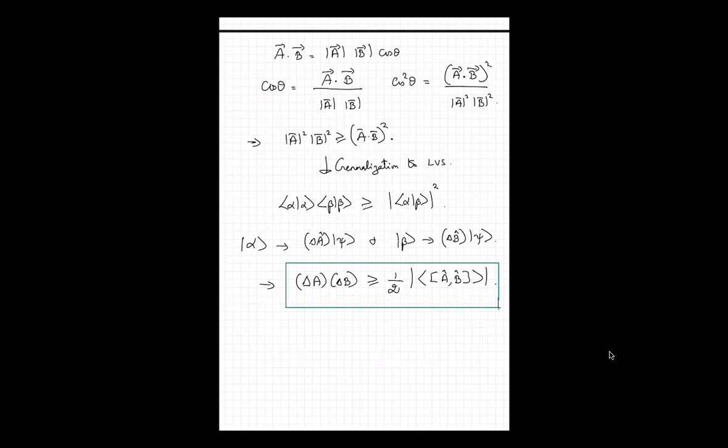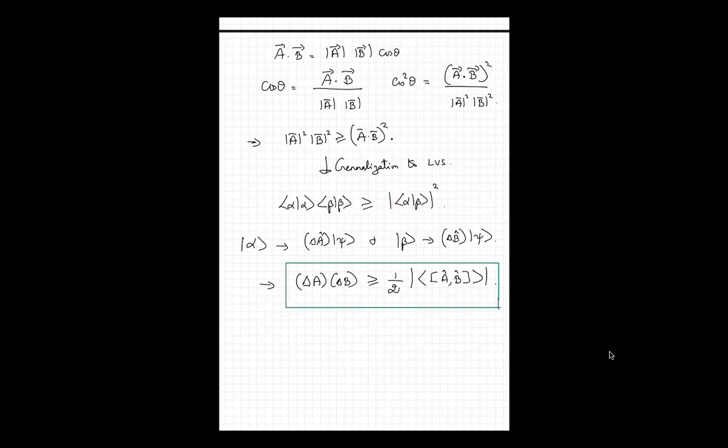So what is the physics of this equation? If the operators A and B commute, then the right hand side is 0, which means the uncertainty in the measurement of A times the uncertainty in the measurement of B can be equal to 0. But if two operators do not commute, then the corresponding uncertainty in the measurement of A times the uncertainty in the measurement of B can never be equal to 0.